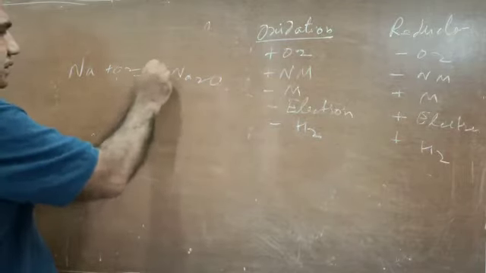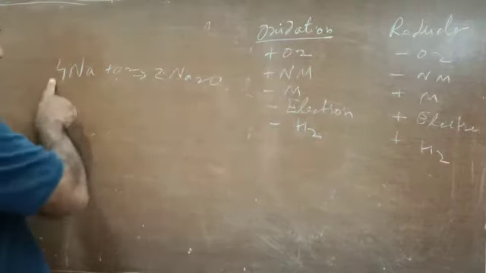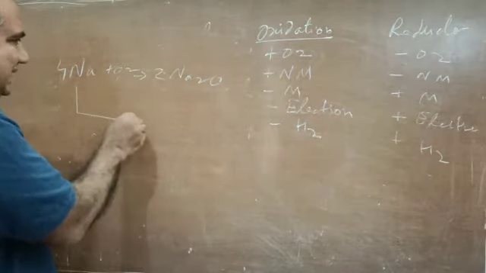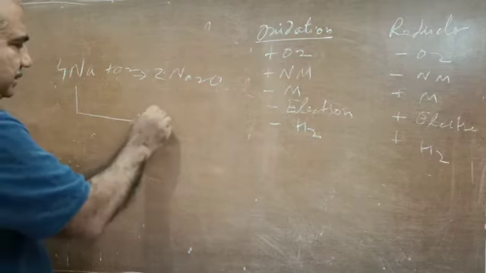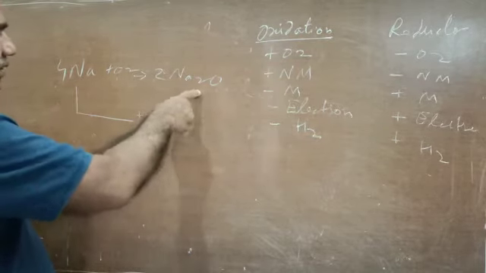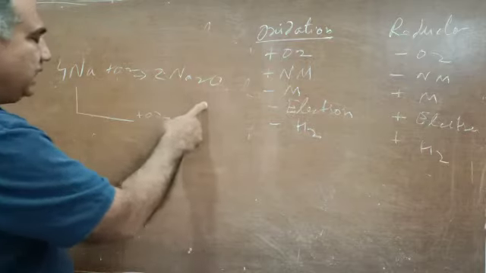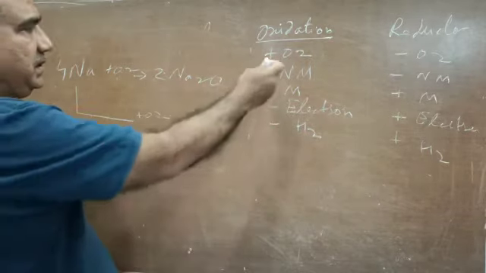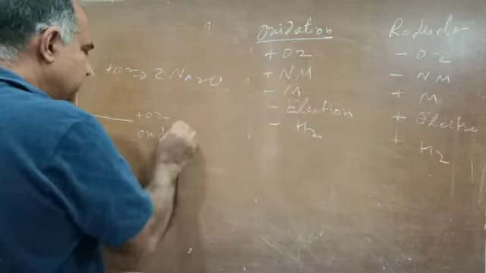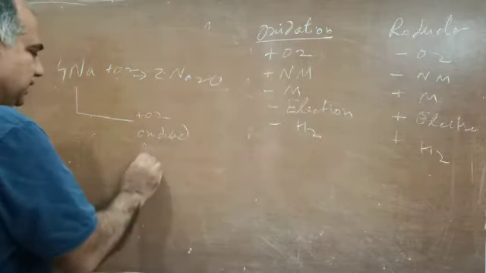So to balance, oxygen 2 and here 4. Now you see, sodium has gained oxygen. Na has become Na2O, so undoubtedly sodium has gained oxygen. And if sodium gains oxygen, it is oxidized, and if it is oxidized, it is the reducing agent.